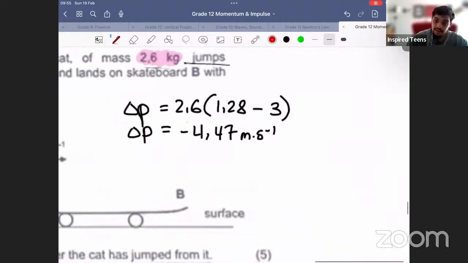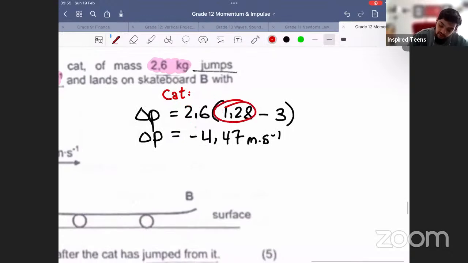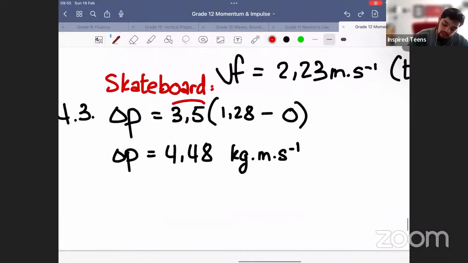And that's why I did this one. This is when we use the cat. So you can see we get the same answer, just opposite direction. Here I use the cat's mass, the cat's final velocity, the cat's initial velocity, and I get the same magnitude of impulse as when I use the skateboard's mass, its final velocity, its initial velocity.